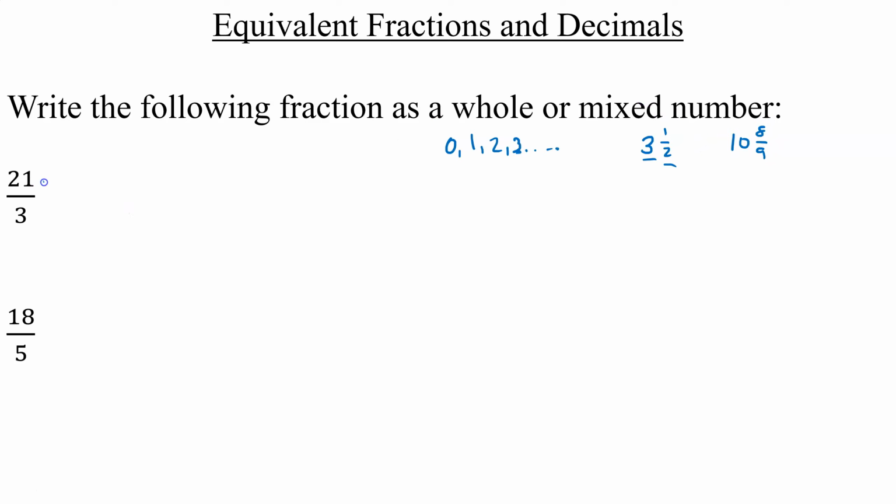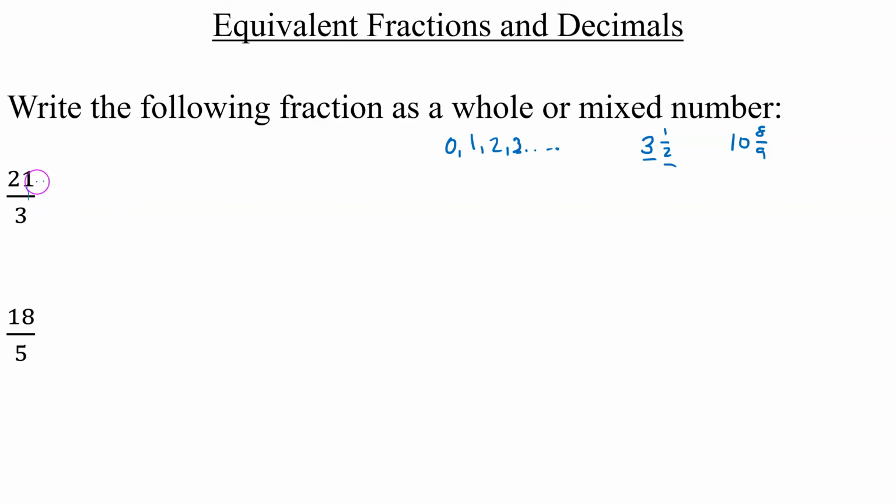What we have here are what are called improper fractions. And oftentimes when you're dealing with an improper fraction, you're going to want to change it into a whole or mixed number. All that an improper fraction means is it's greater than 1, so your numerator is larger than your denominator.